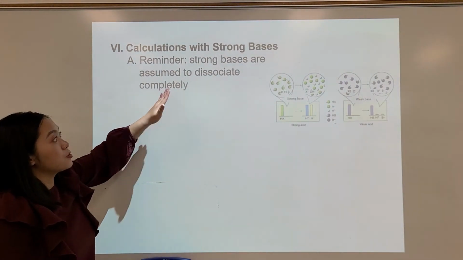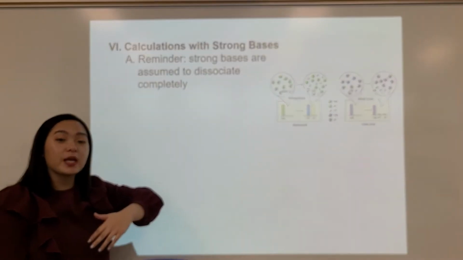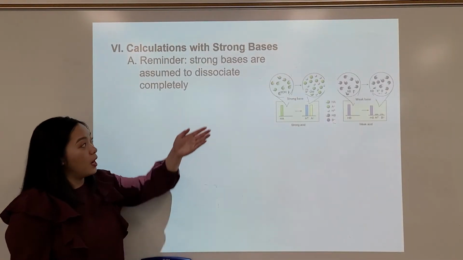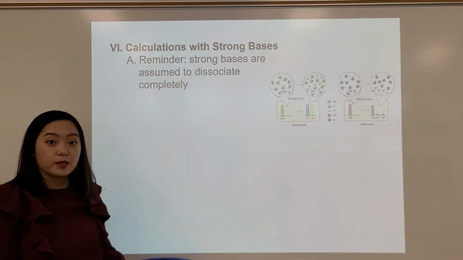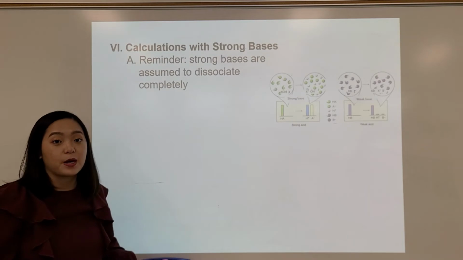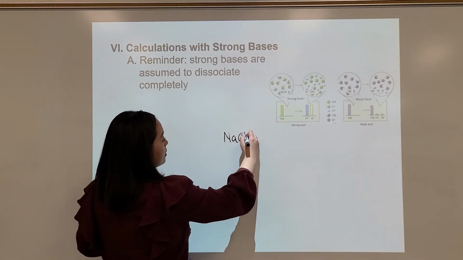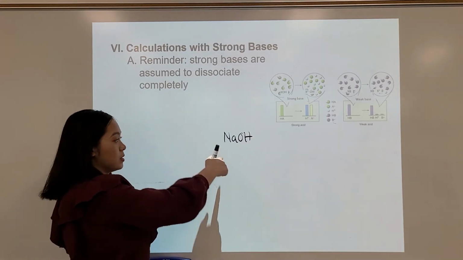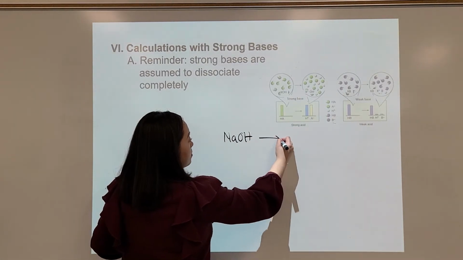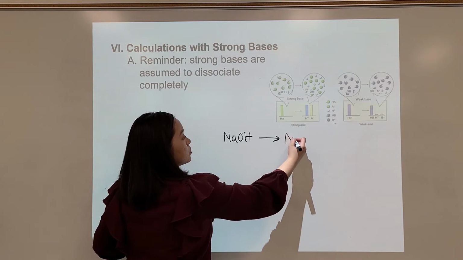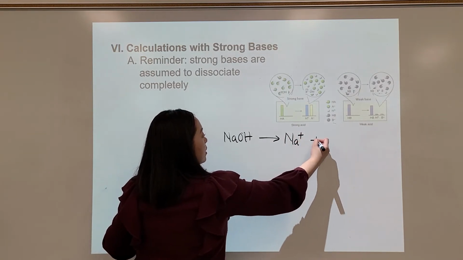As a reminder, strong bases work just like how strong acids work. They also dissociate completely into their respective ions. So for example, I have sodium hydroxide, a typical strong base, right? It will dissociate completely into Na+ and OH minus.